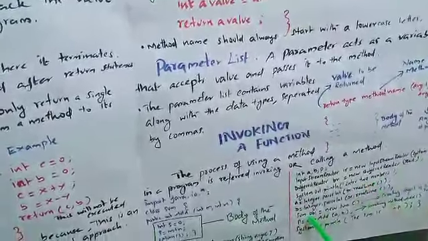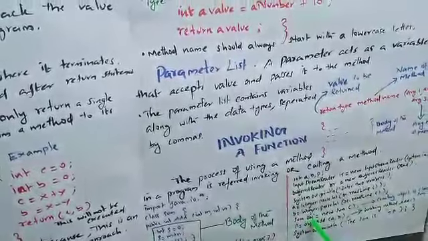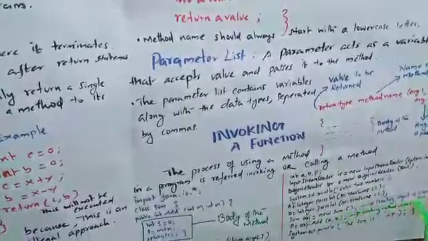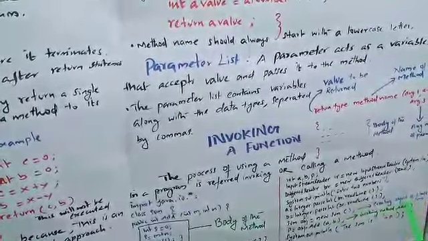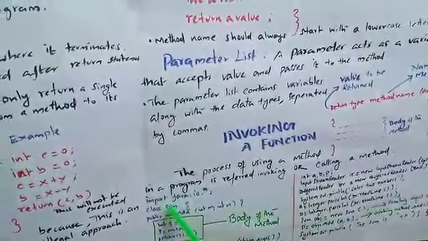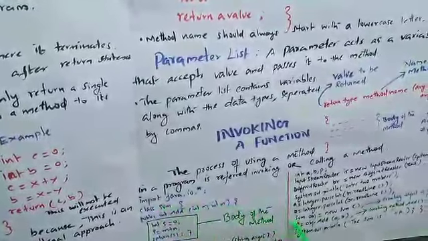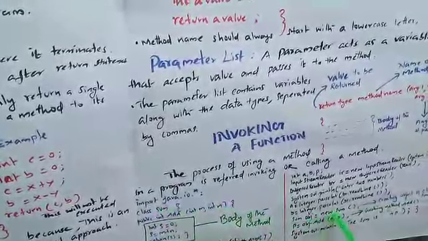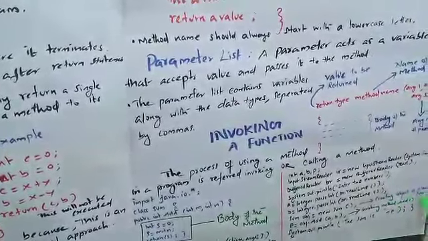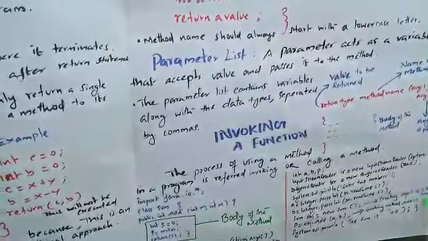Now come to here, Sum obj. Obj means object, and is equal to new Sum. This is creating the object of the class Sum. So our class is this, and this is the object. So Sum obj = new Sum is creating the object of the class Sum.